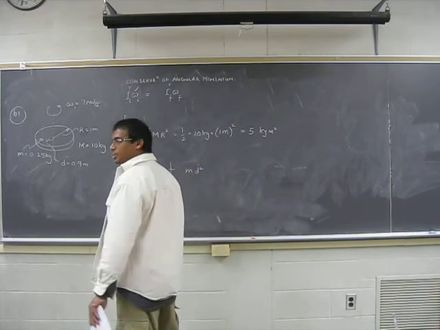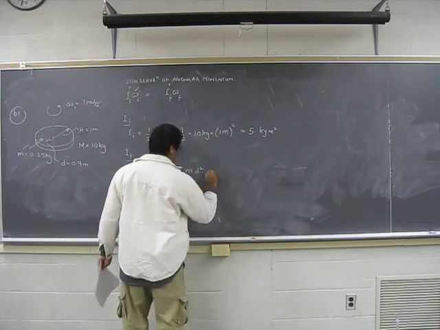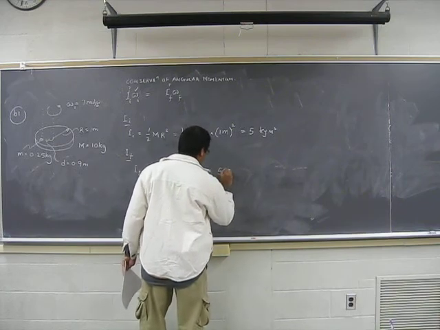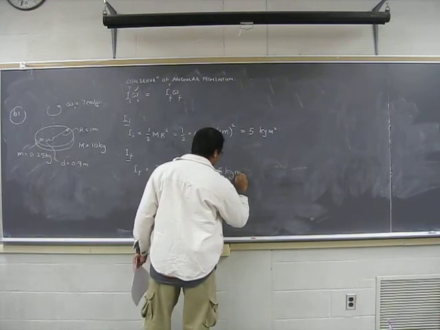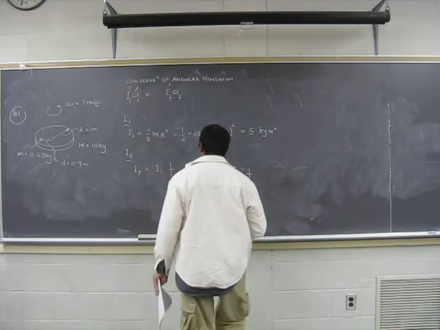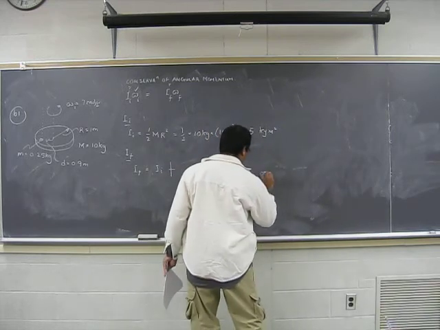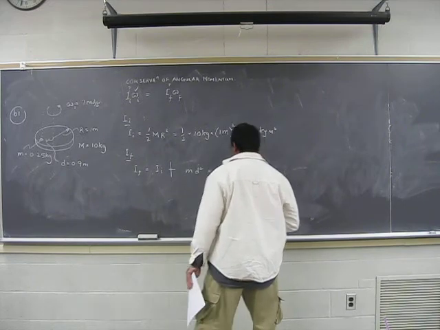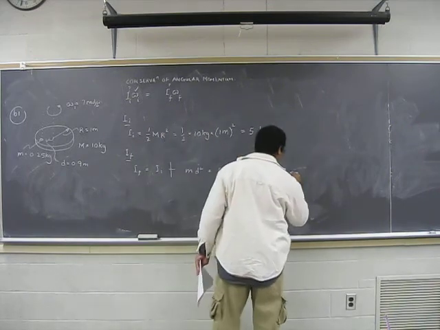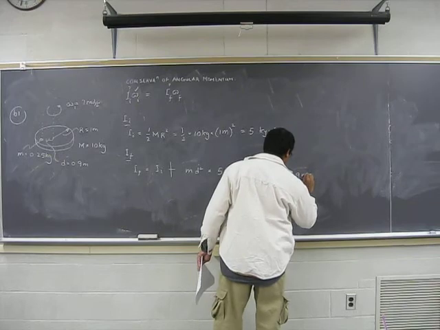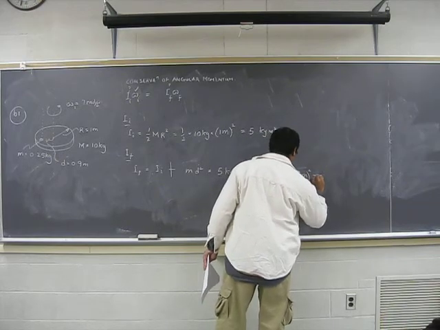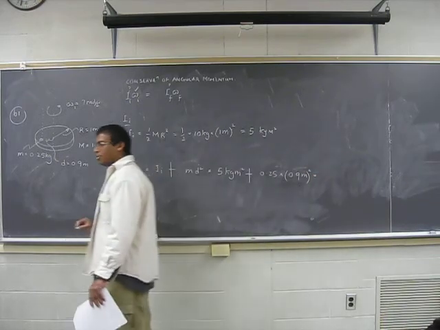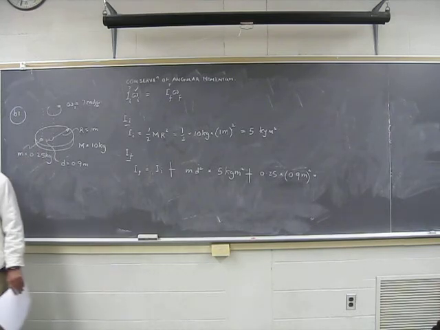Numbers-wise, I have 5 kilogram meter squared plus the mass, which is 0.25, times 0.9 squared. Find me the total final moment of inertia.